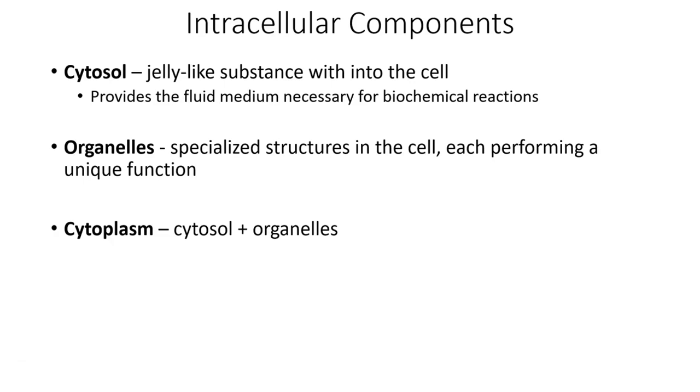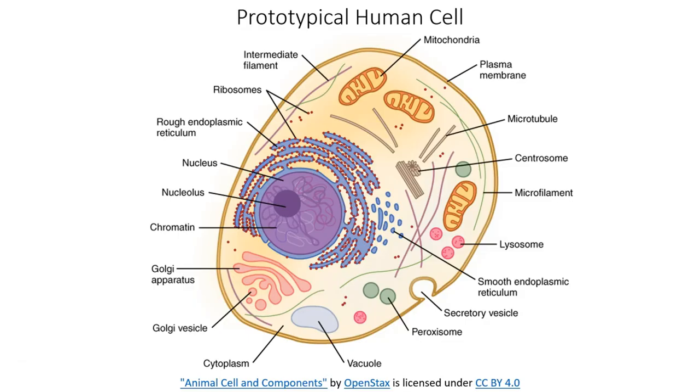So this is a diagram representing the general human cell, and so we've got our plasma membrane out here around the outside, and then inside of it is all cytoplasm. All right, so cytoplasm again is going to include the cytosol, which is this kind of fluid. We don't really have an obvious representation of that, but all this kind of yellow-like substance back here is representing the cytosol.